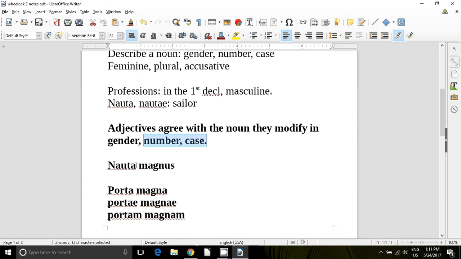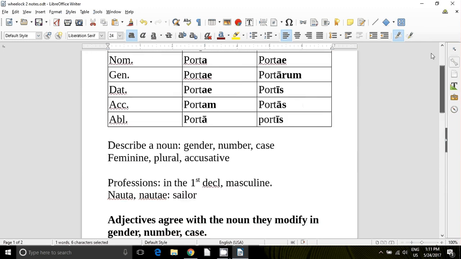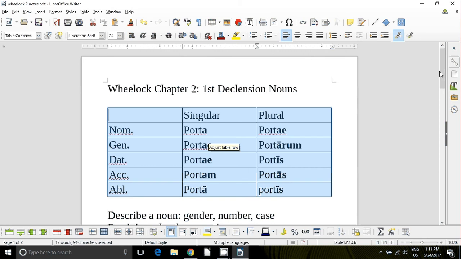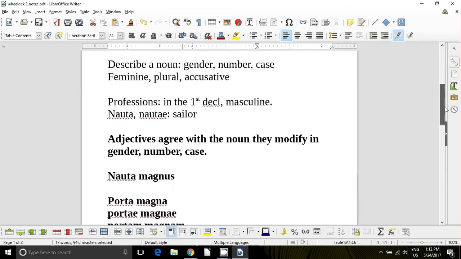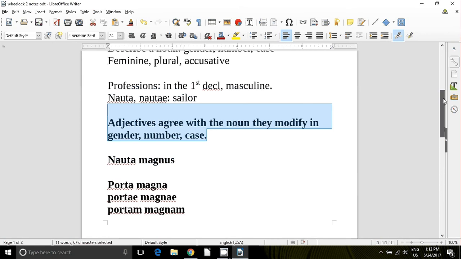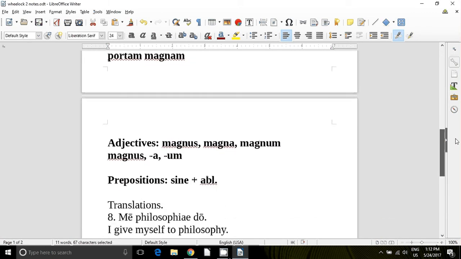So I told you nauta is tricky. It's masculine. This word here is masculine nominative singular, nauta. So it needs a masculine nominative singular adjective. Again, that won't detain us too much today. Today we're really focused on learning the first declension endings, learning them really, really well. But I want you to remember that adjectives agree with the noun they modify in number, gender, and case. So we'll learn more about that.